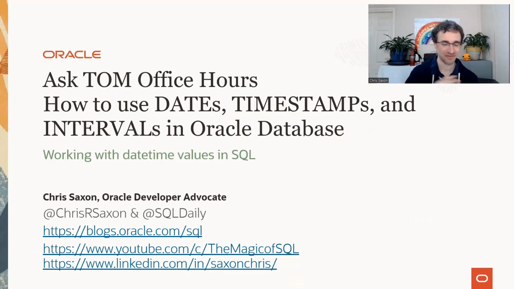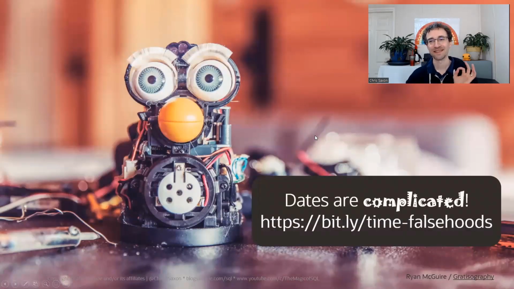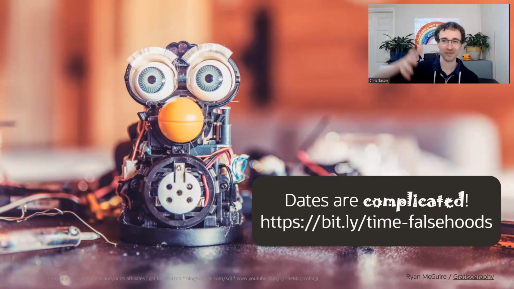So as I say, we are going to be talking about working with date time values. And right at the very start, a very important thing to be aware of is that date times are complicated. There is a lot of unavoidable complexity when it comes to working with date time values. There's a great site, actually a GitHub thing, where someone has cataloged huge, long lists of falsehoods programmers believe about time.